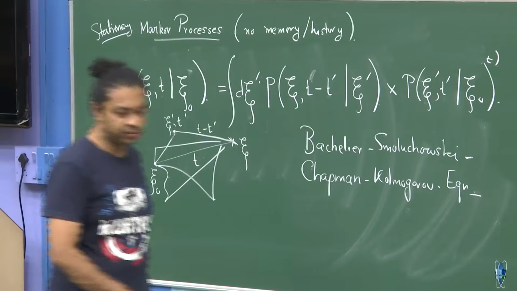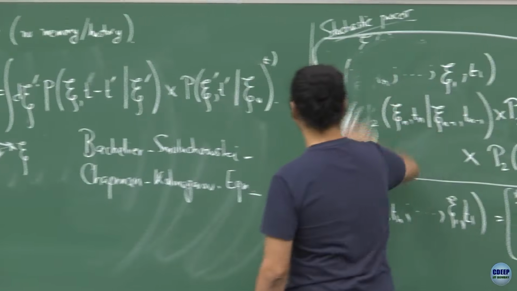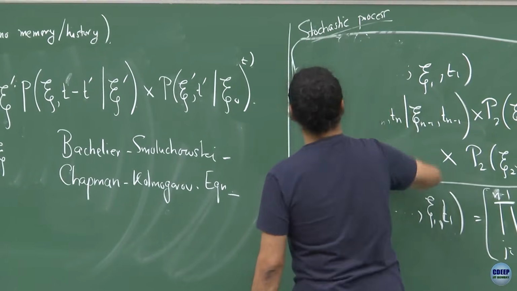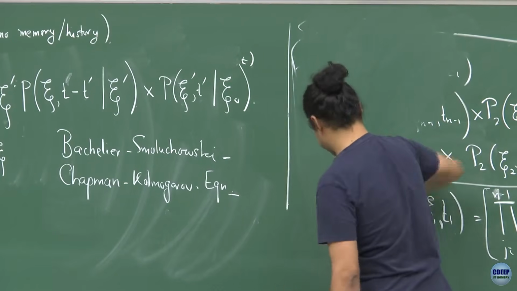Essentially, sum over all intermediate histories of this stochastic process. So, now what we want to do is simplify this a bit so that we can actually work with this equation.